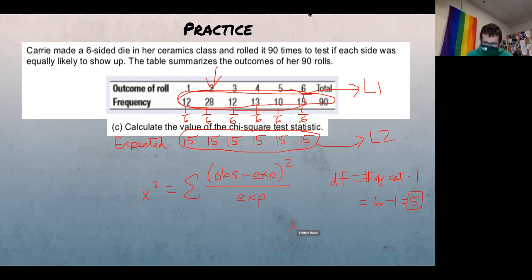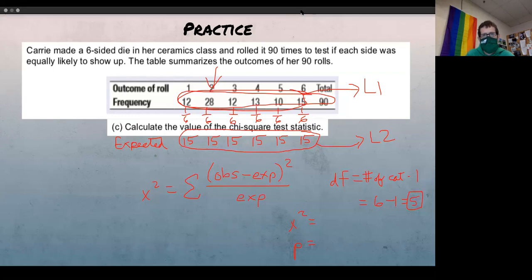I'm going to go ahead and write down right here, chi-squared equals and P equals. So just like in our previous test, we would have had like T as our test statistic. So T equals or Z equals. Now our test statistic is a chi-square. So I can just put chi-square right here equals. And that's what you're going to report. So I'm going to leave that there, and you guys can fill in what you were able to find using the goodness of fit test on your calculator.